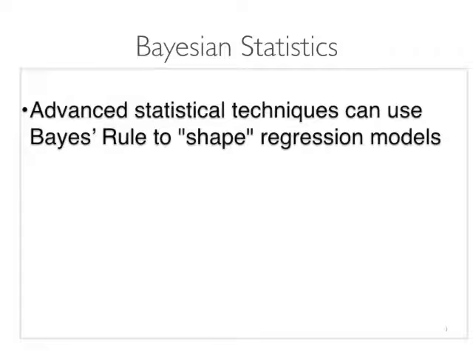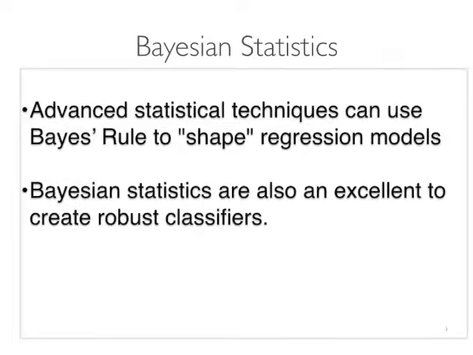If you have a priori business knowledge about what the inputs and outputs of a given model should be, there are advanced statistical techniques that can use Bayes' rule to compute the appropriate coefficients in the linear regression and thus help let your prior expert knowledge shape the regression model and improve its predictive power. And there are some free R packages that can implement these Bayesian techniques.